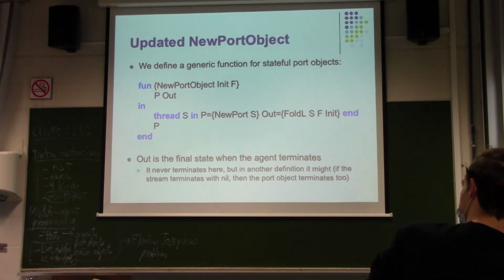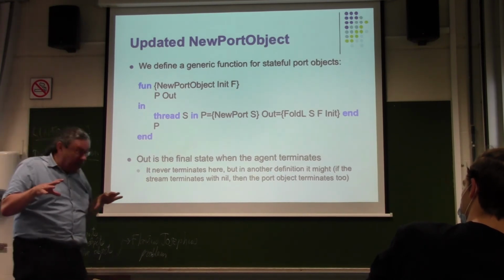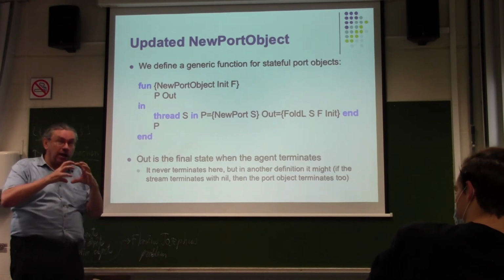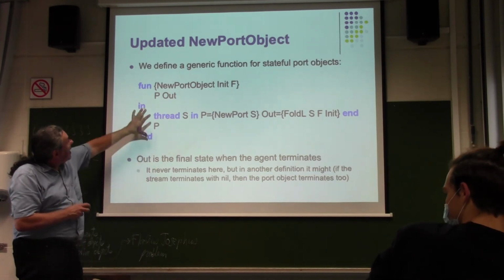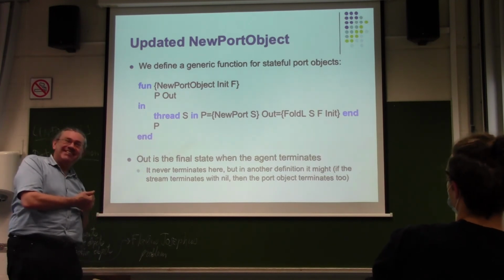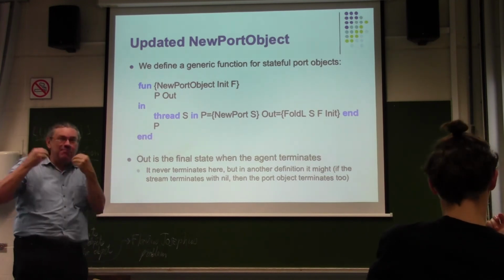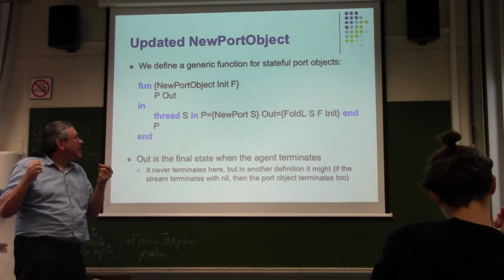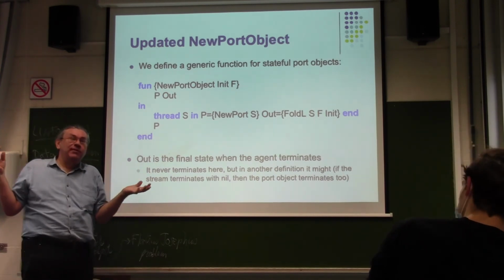But later in the course we will talk about Erlang, which is an agent language. And the Erlang agents are like port objects, but they're a little bit more sophisticated, actually, okay? So they have a little bit more functionality because Erlang is a very practical language.